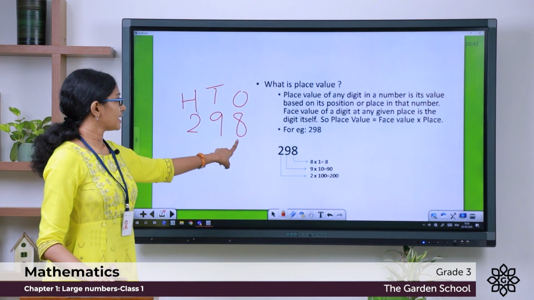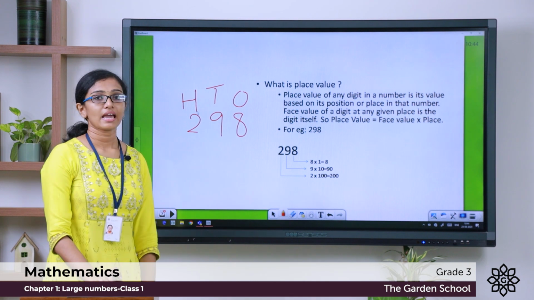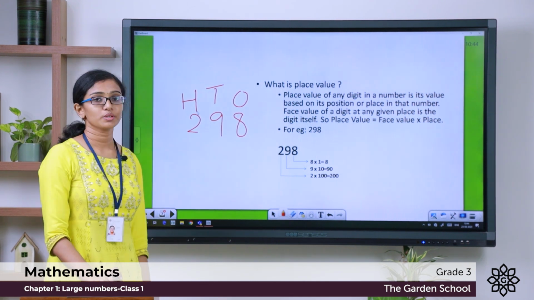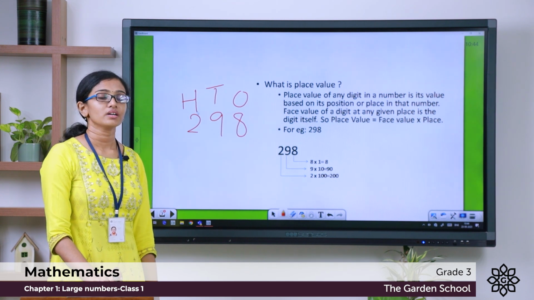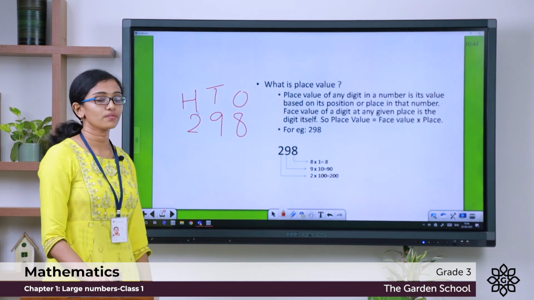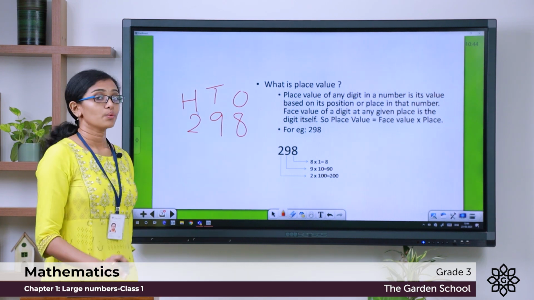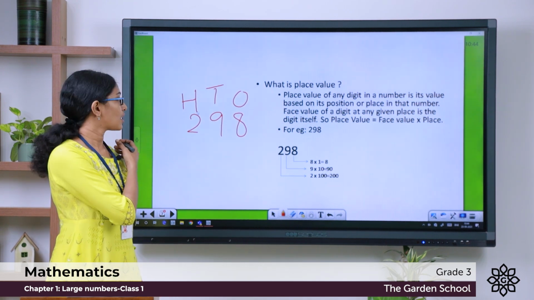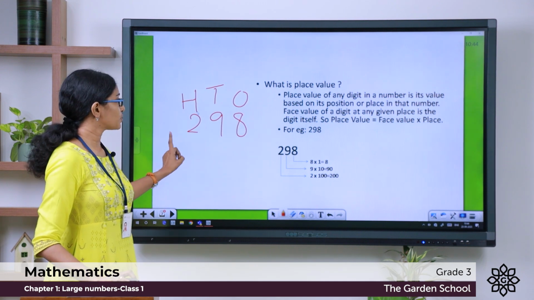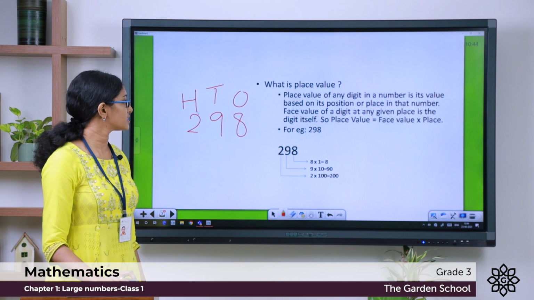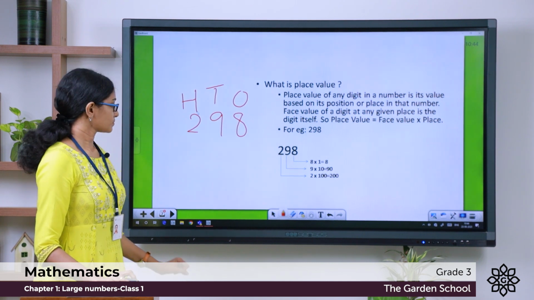So the place value of 8 will be 8 1's or 8. The place value of 9 will be 9 10's or 90 and the place value of 2 will be 2 100's or 200. So when you are saying that number, how do you say it? It's 298, which are the place values of each digit in the number.